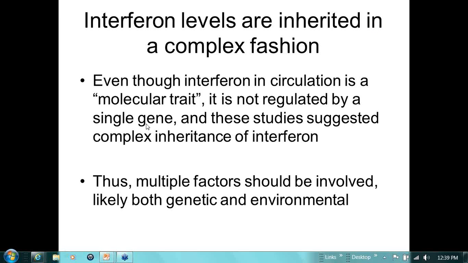It fit a model of multiple different genetic factors, and it didn't fit any of the Gregor Mendel single gene models, like the studies in the pea plants would have fit. We probably should have expected that.